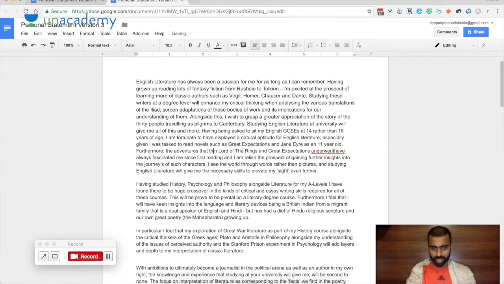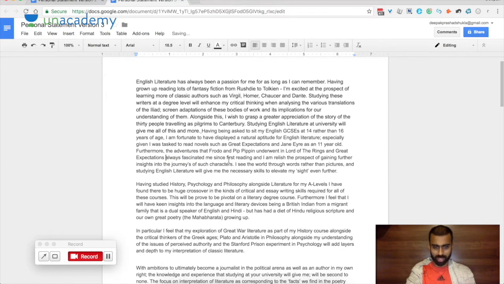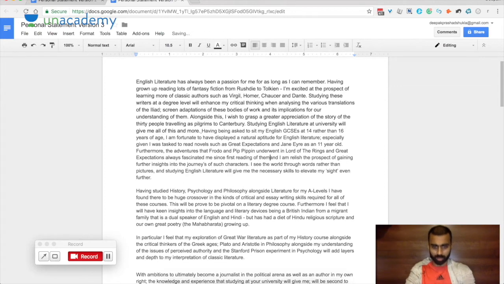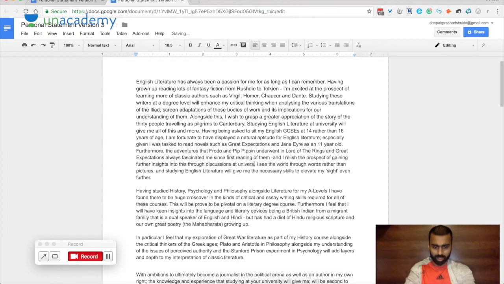The adventures that Frodo and Pippin underwent in Lord of the Rings and Great Expectations have always fascinated me since first reading of them, and I relish the prospect of gaining further insights into this through discussions at university.